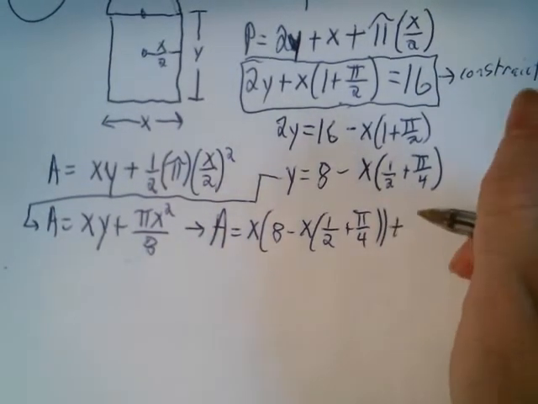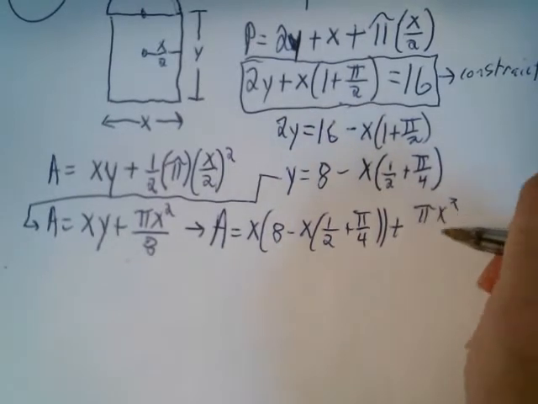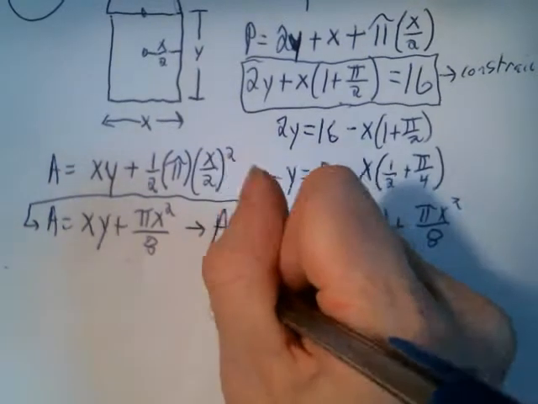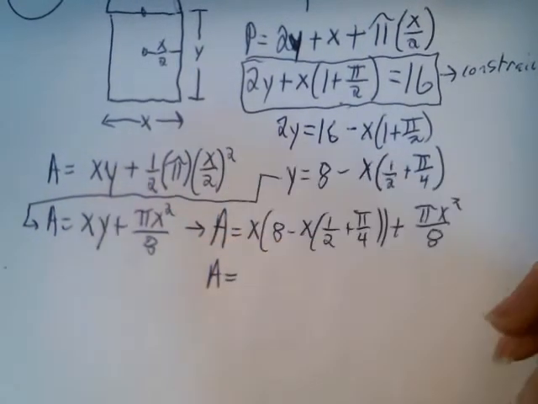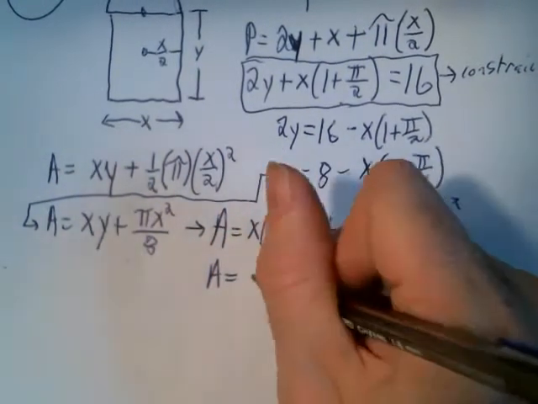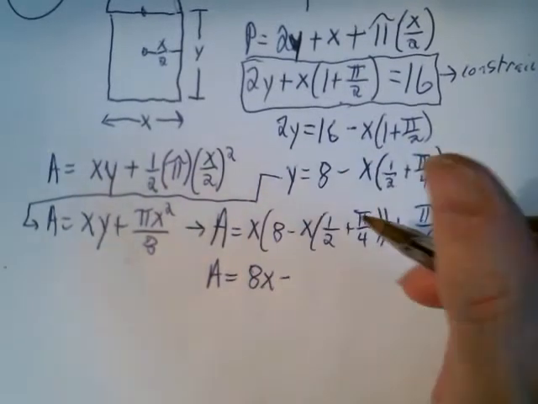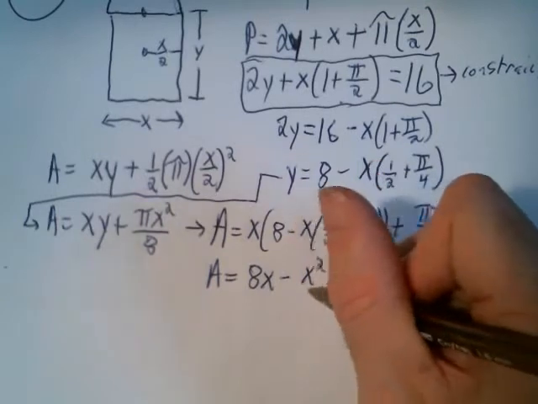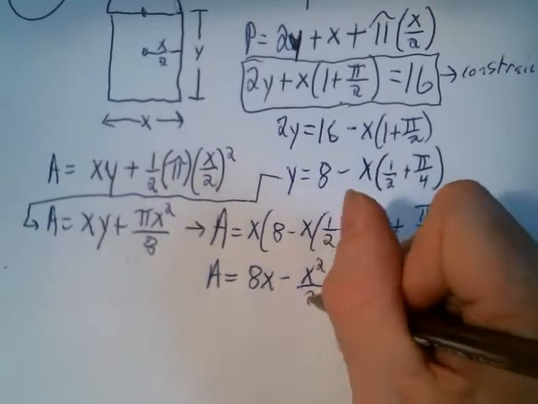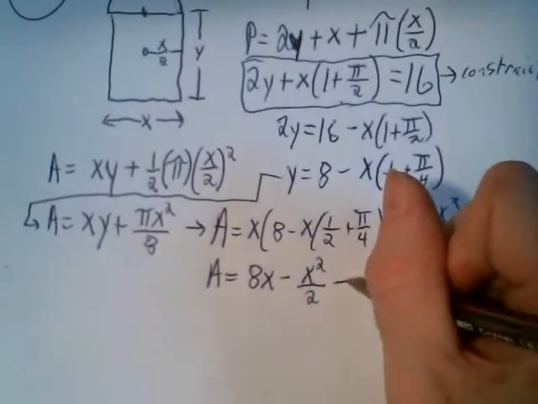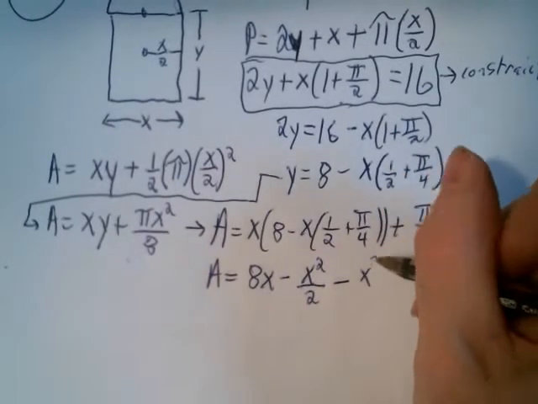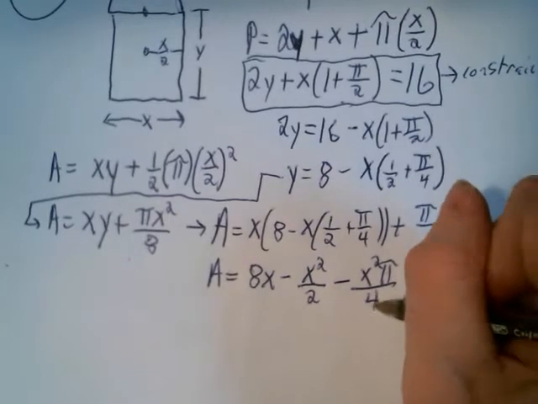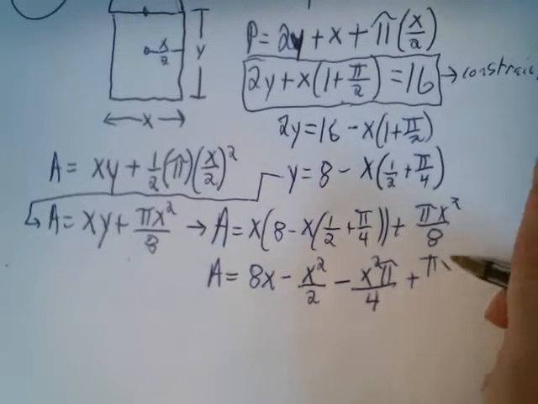So as it sits, it's 8x minus x squared over 2 minus pi x squared over 4, and then plus pi x squared over 8.